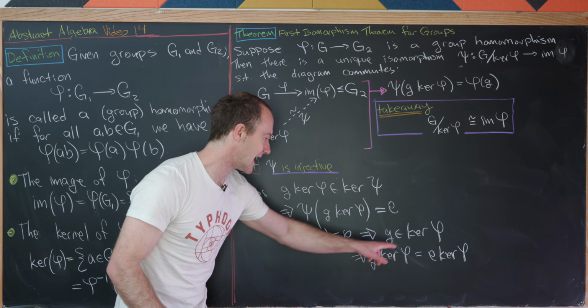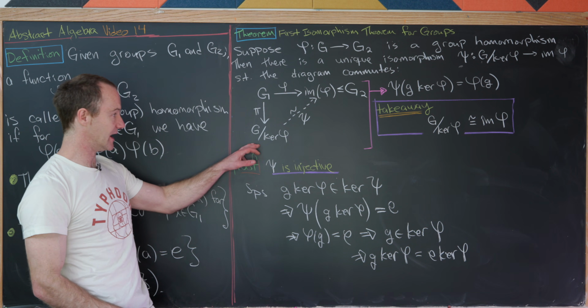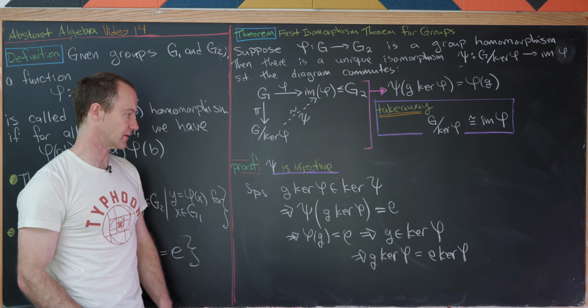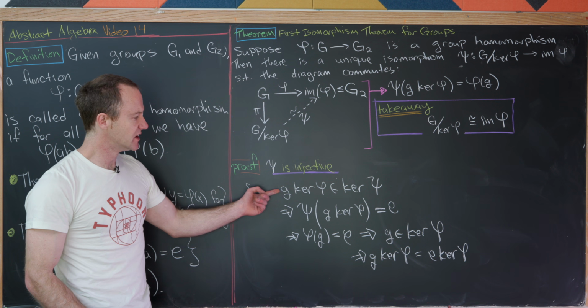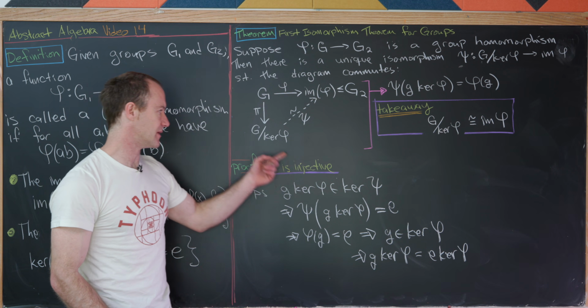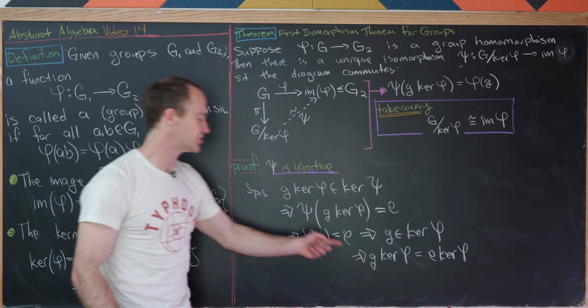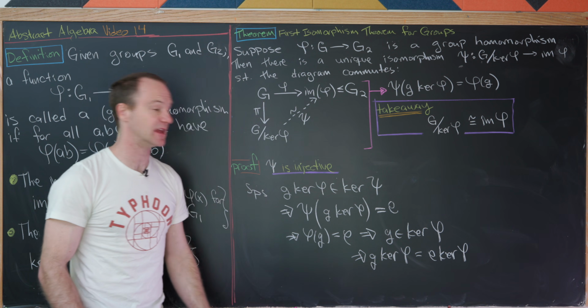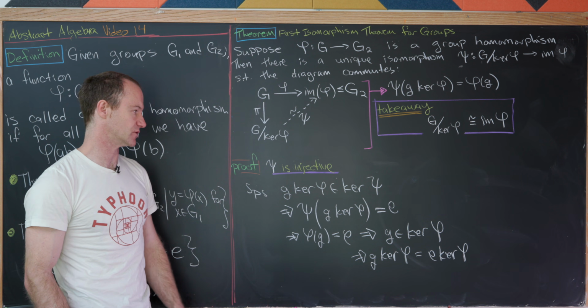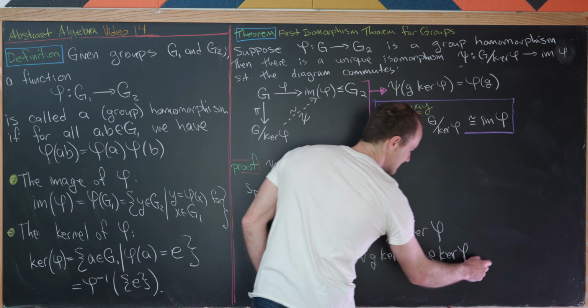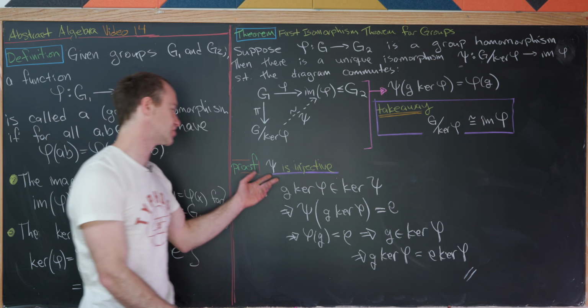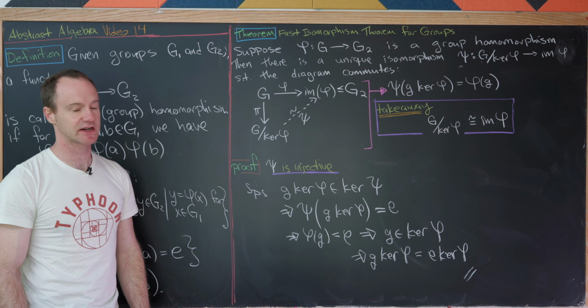But that is the identity element inside of this normal subgroup. So we took a seemingly arbitrary element inside of this normal subgroup, which was in the kernel of this map, and we showed that it indeed had to be the identity element inside of this normal subgroup. So that's exactly what we needed to do to show that ψ is injective.